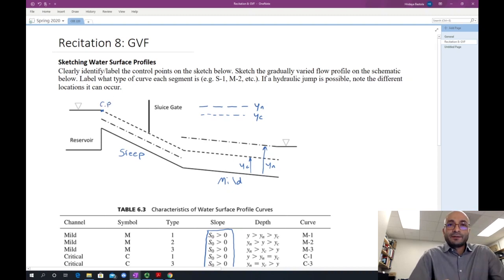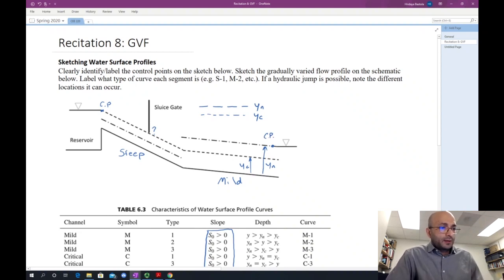The sluice gate also forces water to be at a certain depth, but since in this case the sluice gate doesn't go all the way into the normal depth, let's just leave a question mark here, and we'll see if that is a point of known water depth. And on the downstream end, where the water meets the lower reservoir, we know the water depth is going to be set at that point. So let's mark that as another control point.